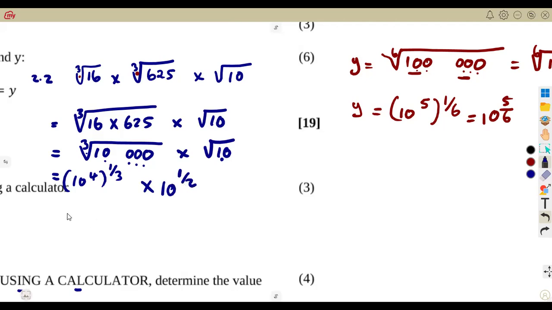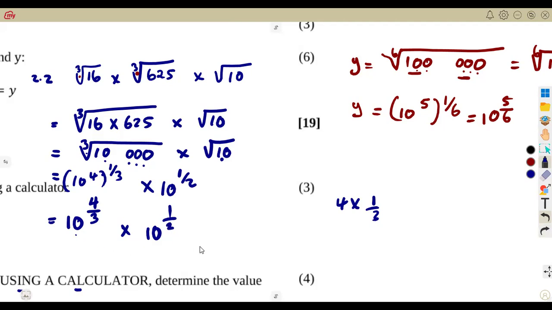All right, that's 1 over 2. If we multiply here exponent to exponent, 4 times 1 over 3, that's 4 over 3. So it's going to be 10 to the exponent of 4 over 3 times 10 to the exponent of 1 over 2.